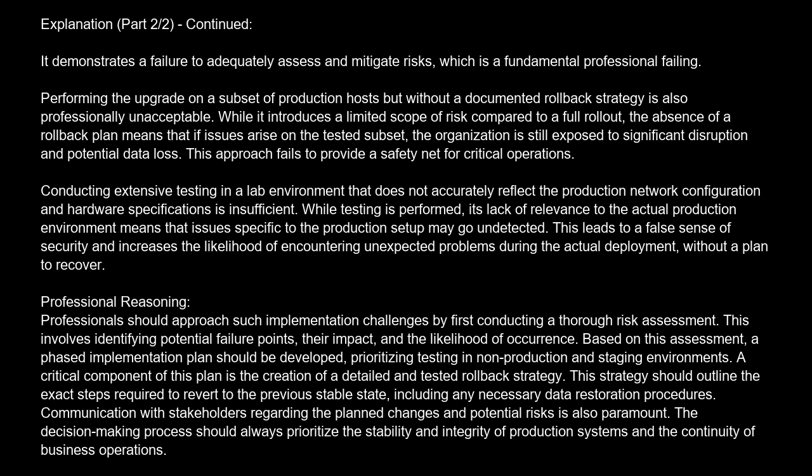This strategy should outline the exact steps required to revert to the previous stable state, including any necessary data restoration procedures. Communication with stakeholders regarding the plan changes and potential risks is also paramount. The decision-making process should always prioritize the stability and integrity of production systems and the continuity of business operations.